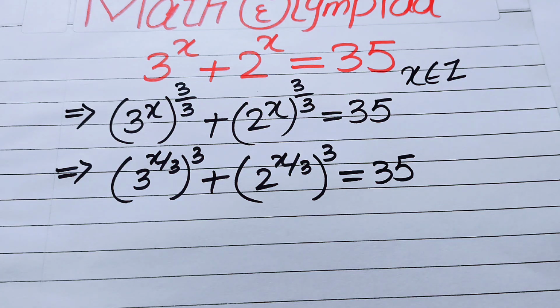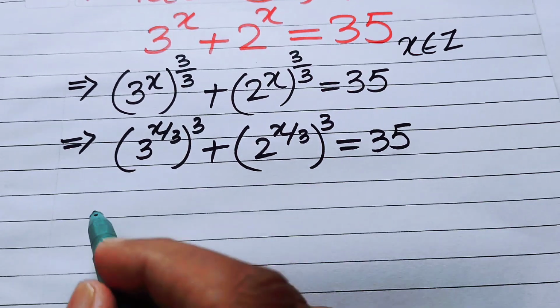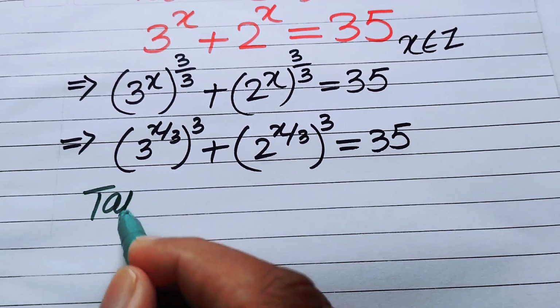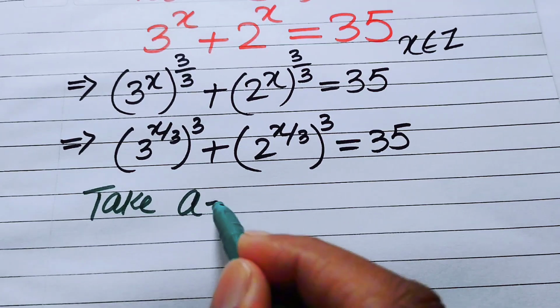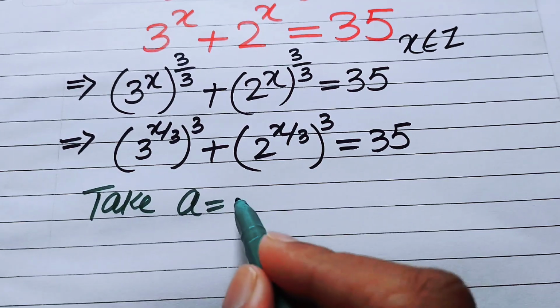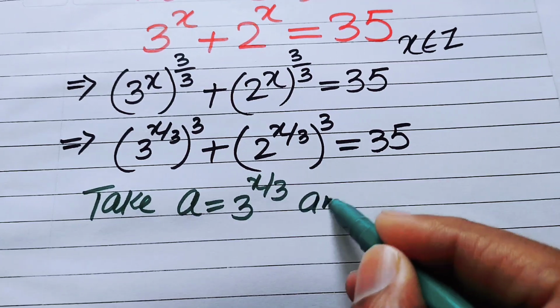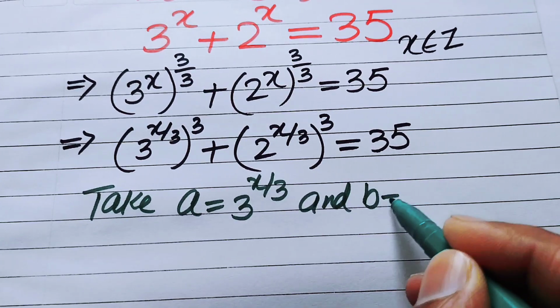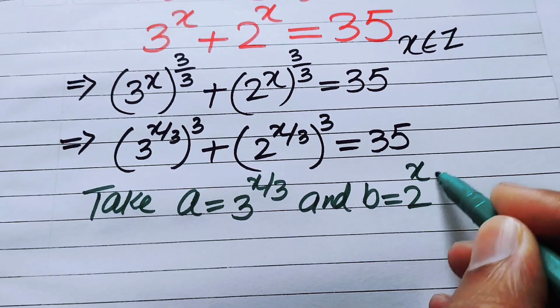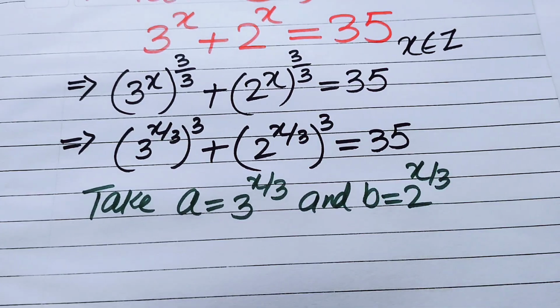After this step we need to change this exponential equation into a simpler form, so we take a equals 3 to the power of x over 3, and b equals 2 to the power of x over 3.